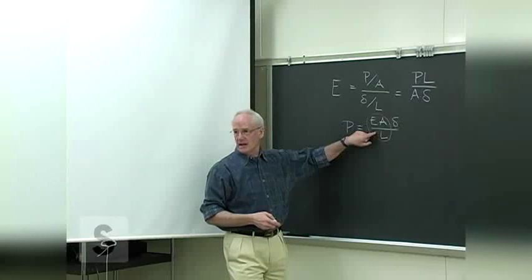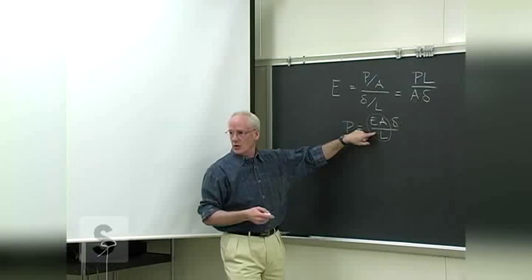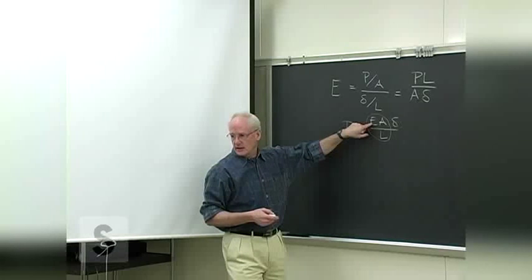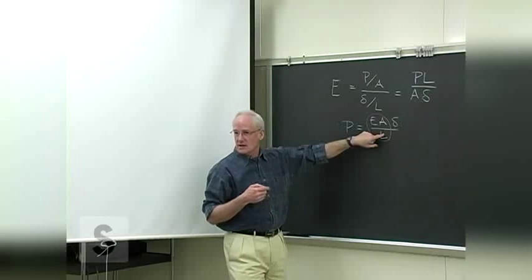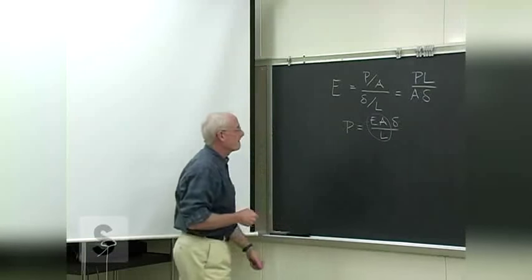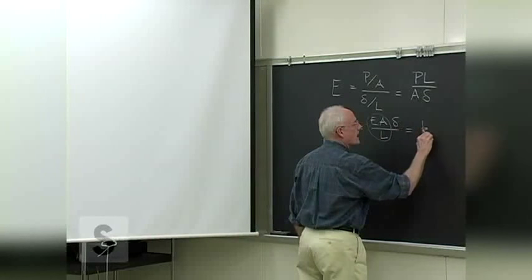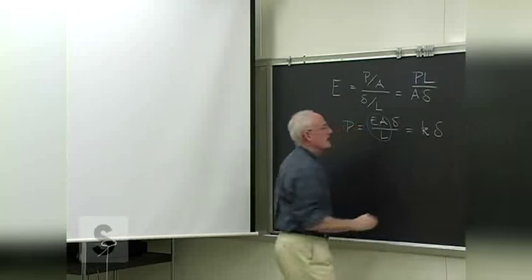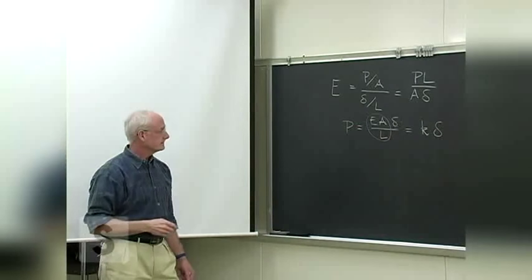These three are independent of any load, tension, compression, or no load at all. These three, this is a material constant. These are properties of the structure of the piece itself. So this is really some constant times an elongation.